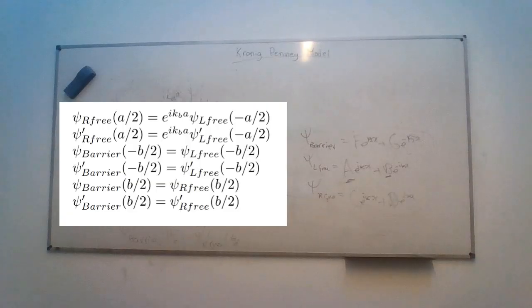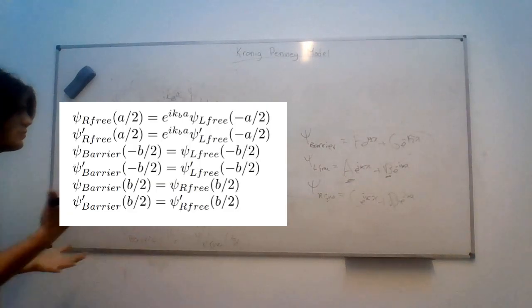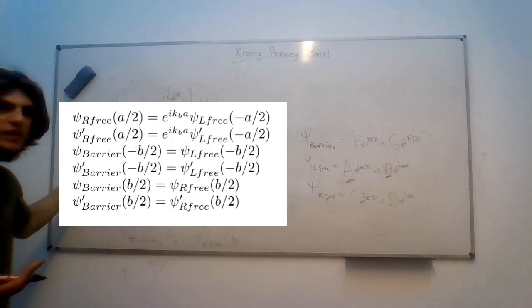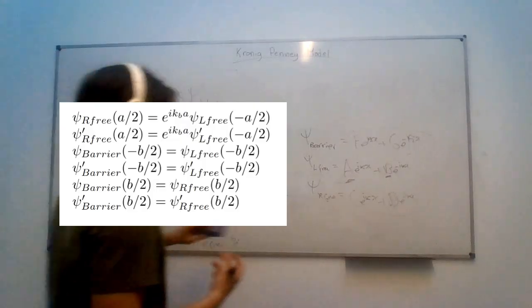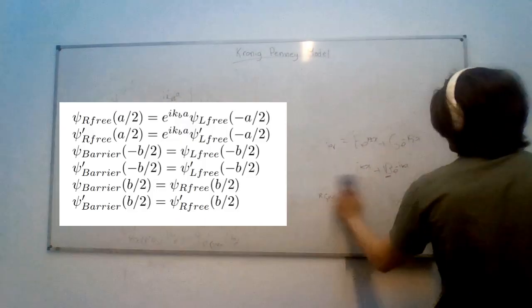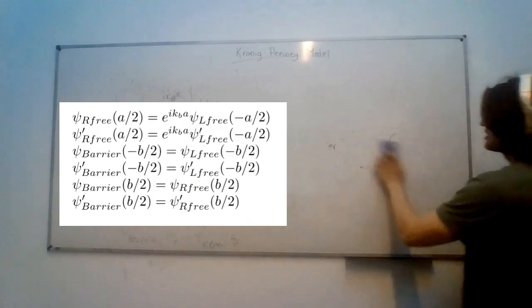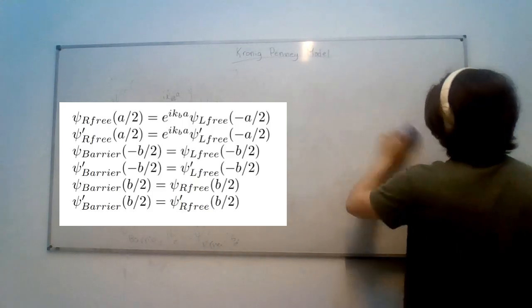We're saying that all of these things have to be true from the quantum mechanics we've used in this lattice potential. So our last step is simply to solve, which is the hardest step.